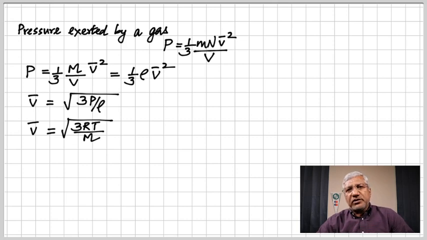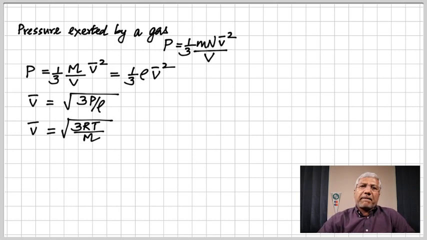So you got T as 300. And the molecular mass of oxygen is 0.032 kilograms. Yes, it's 32 grams, but 0.032 kilograms. And we can calculate, it comes out to be, I think, 460 something meter per second. That is the root mean square velocity of oxygen molecules. That's really fast.